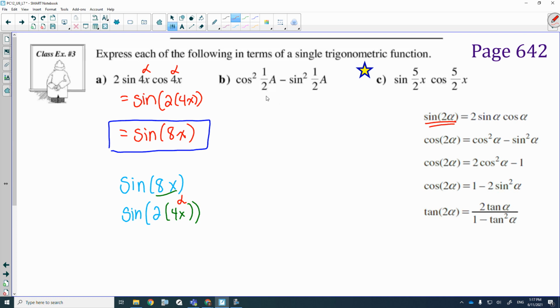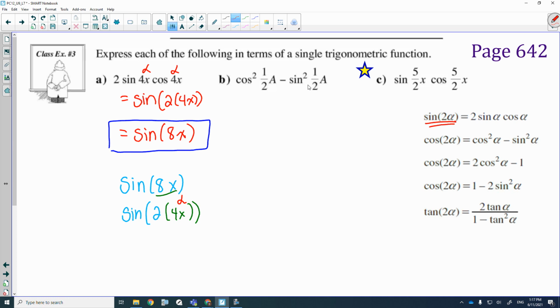Let's look at B. Cos squared of 1/2 a minus sine squared of 1/2 a. This is going to be a double angle identity for cos. One thing I want to point out, sometimes students make a mistake and think it's a Pythagorean identity, because the Pythagorean identity was cos squared of theta plus sine squared of theta, which would be 1.